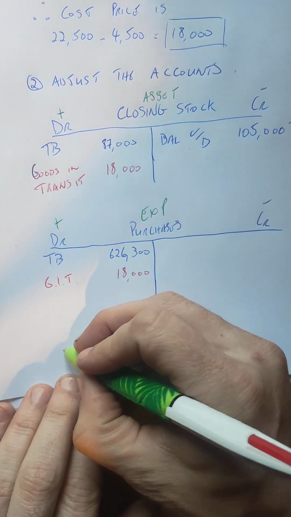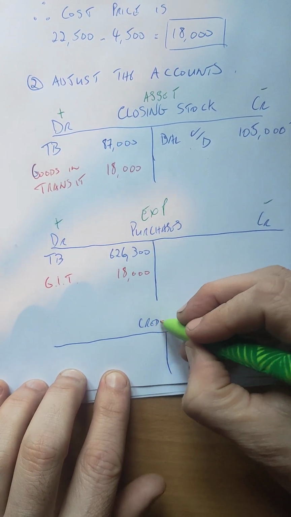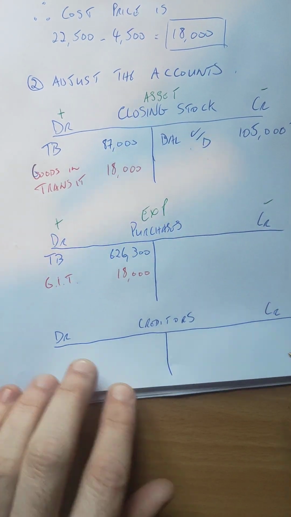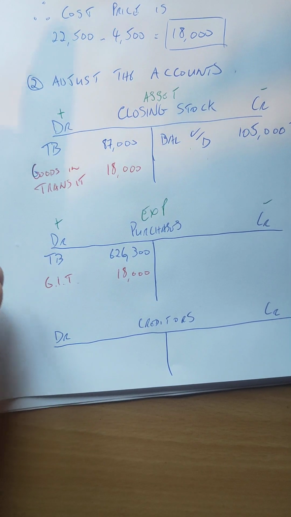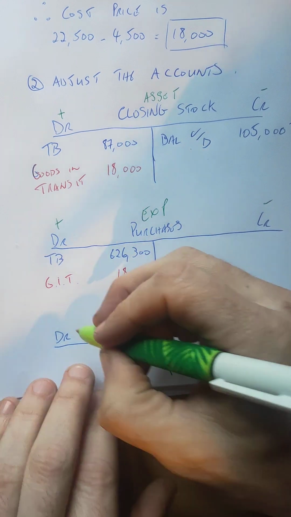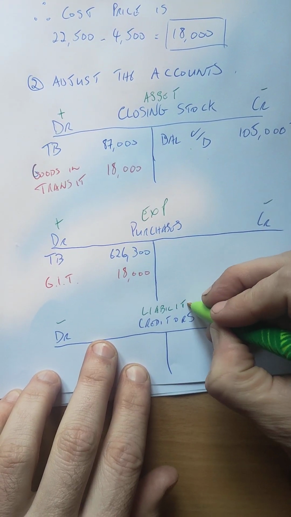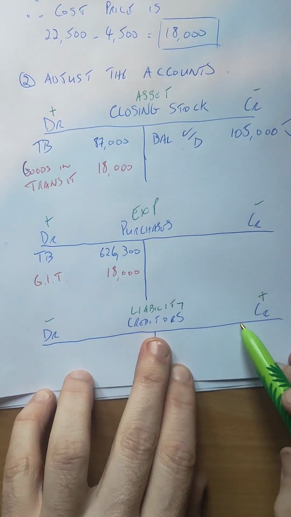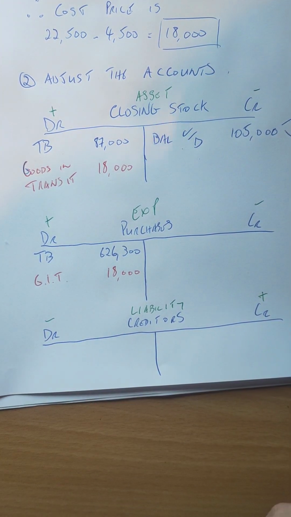And the same with the creditors then. We'll have to adjust the creditors as well. I suppose this is the beauty of doing your workings like this. If you just have these T accounts, any workings that you do can be added into these T accounts. You just have to be comfortable with double entry, but hopefully at this stage you're okay with it. The creditors are a liability, which is any expense that hasn't been paid yet.